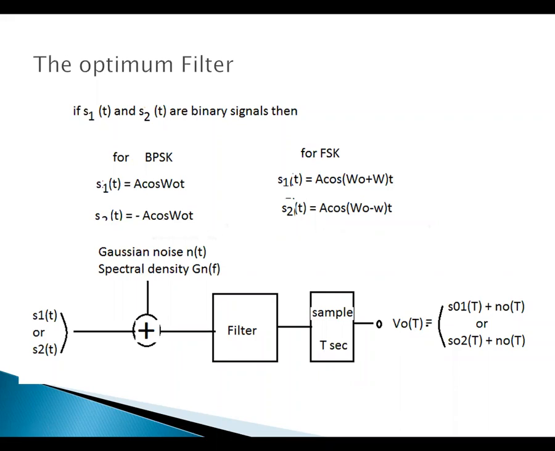So this is the AWGN channel, the additive white Gaussian noise channel. That is the adder. It adds two signals: one is the incoming signal, the other is the noise signal. Both are added in the adder, and then the filter output is there.